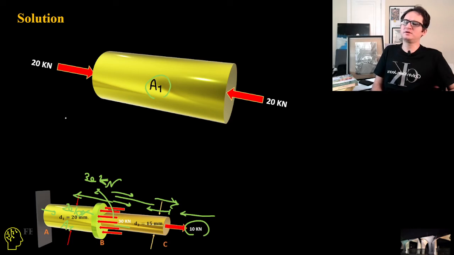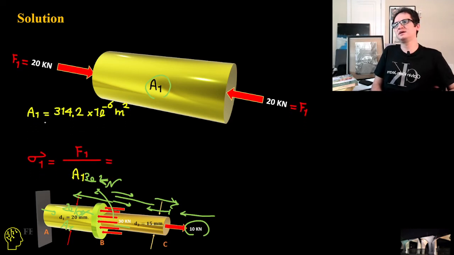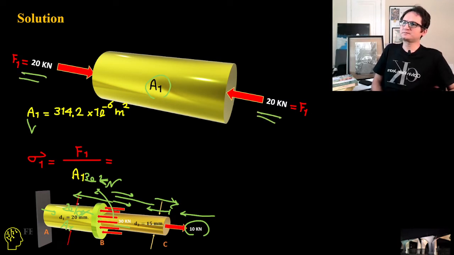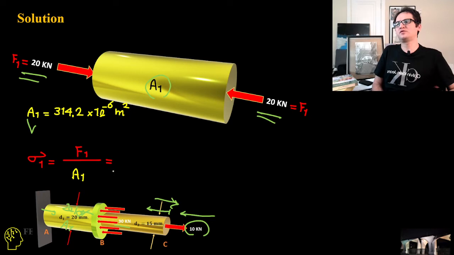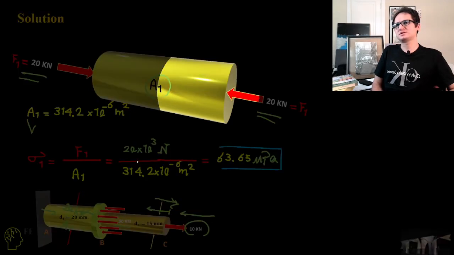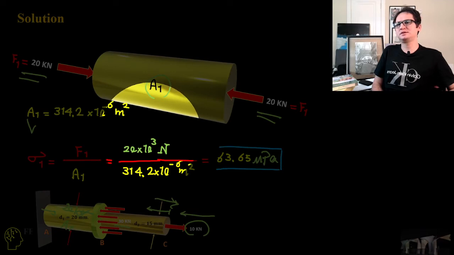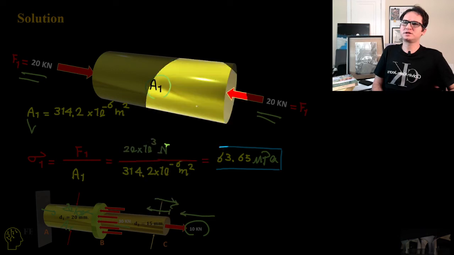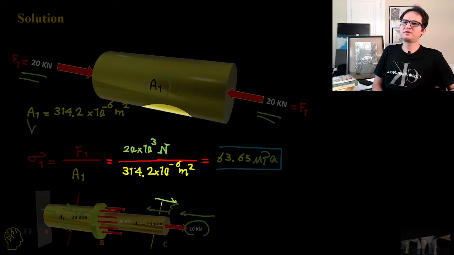For area 1, we already calculated the area. F1 is a 20 kilonewton push. So we divide the force F1, 20 kilonewton, which is 10 cubed newton, by the area of cylinder 1, which is 314.2 times 10 to the negative 6.